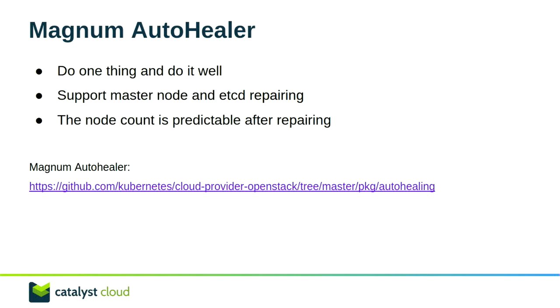Because the design of Magnum Autohealer is that the Autohealer will do all the failure detection work, and as for the repairing, the healer part, that depends on how the cloud provider implements it.